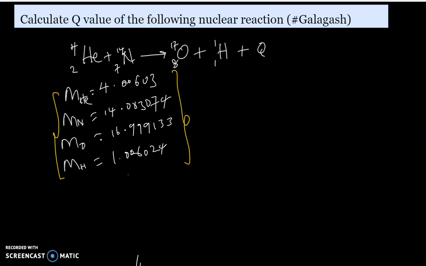So now let us dive into the calculation. To calculate the Q value, Q will be given by helium, with mass number 4 and atomic number 2, plus nitrogen, with mass number 14 and atomic number 7.